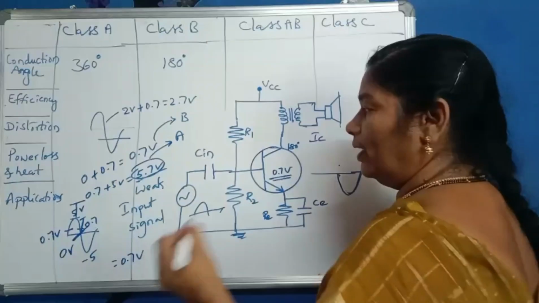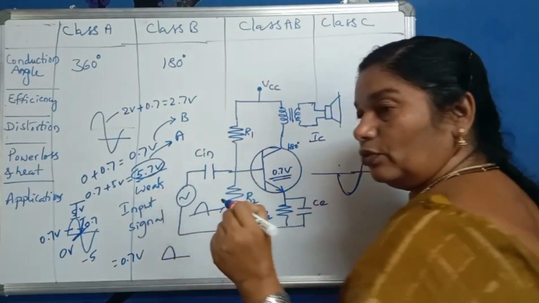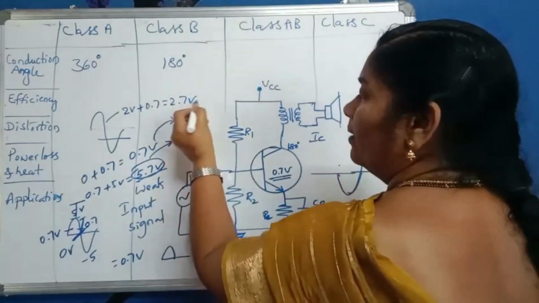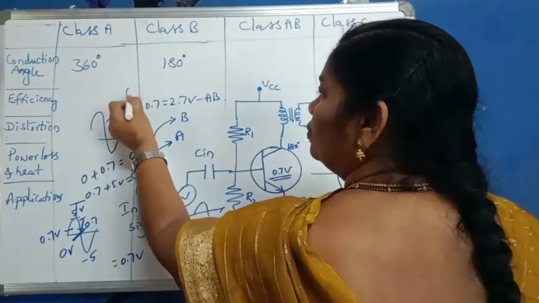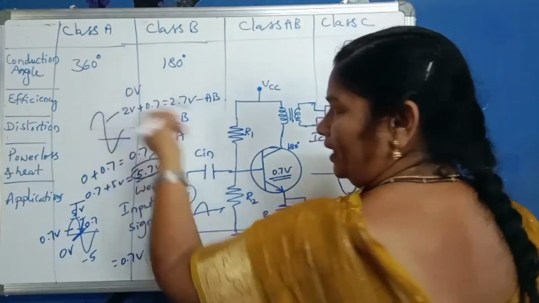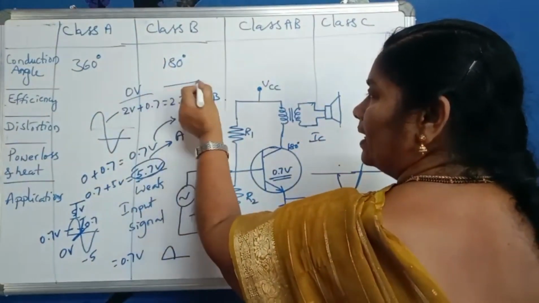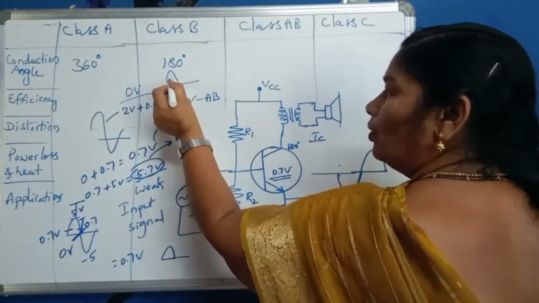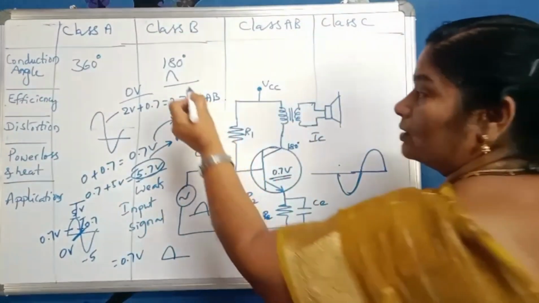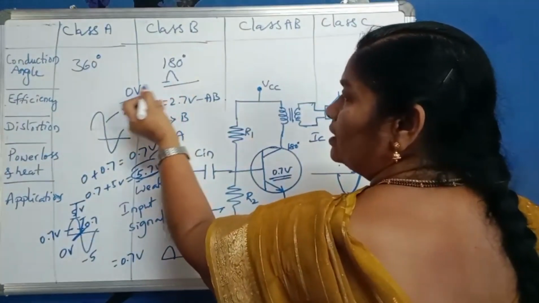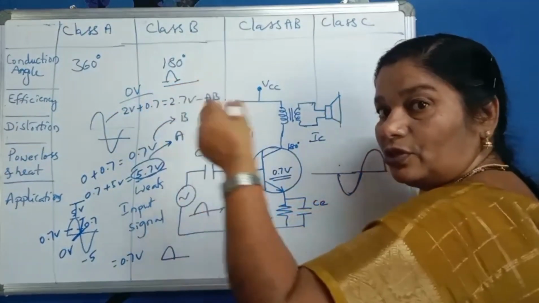So here you can tell what the distortion is and what the loss of the signal is. You can calculate. And when you give the biasing voltage in such a way, then this is class AB. Now, if you are not giving any biasing voltage, let it be 0 volts, then the transistor will conduct only for a part of the positive half cycle, because it has to reach 0.7 volts, and again at 0.7 volts it will be switched off.